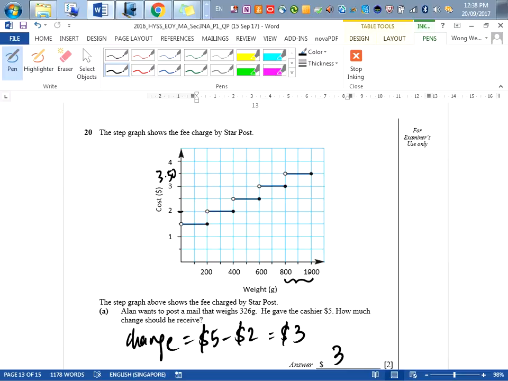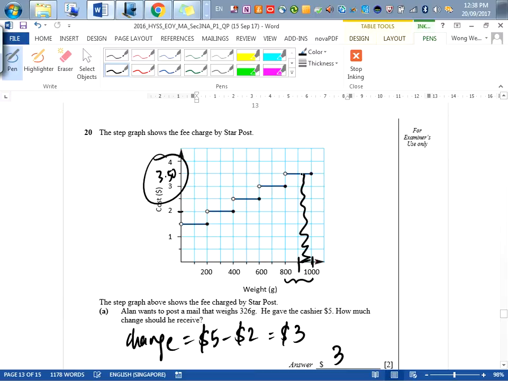Renewal, what is the range for the weight if it costs $3.50? What is the range? 900 to 1000. So starting from here only, until here, this part.